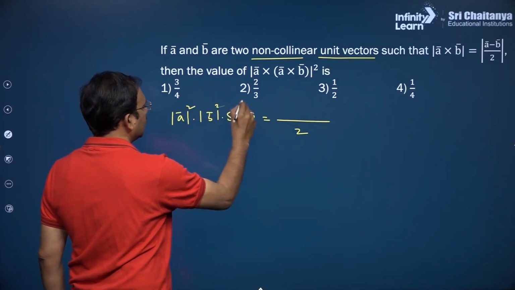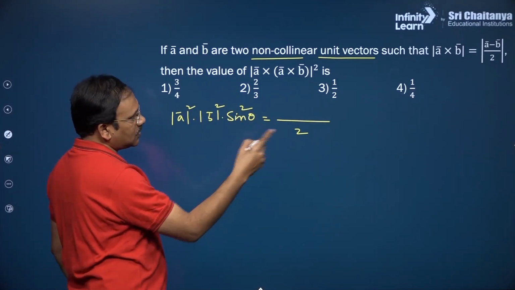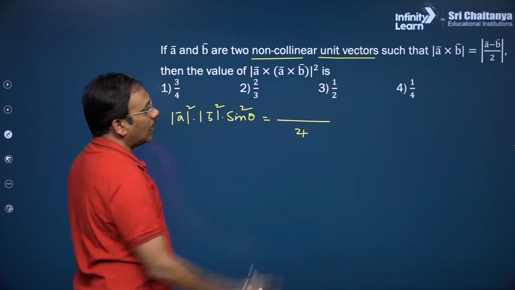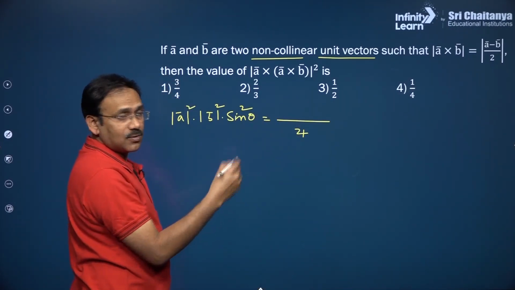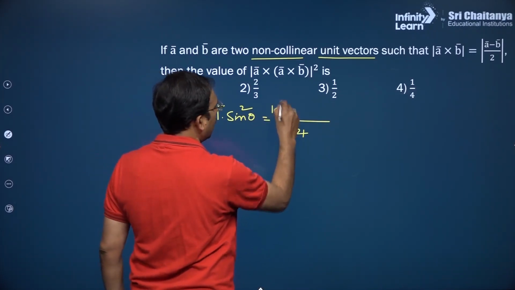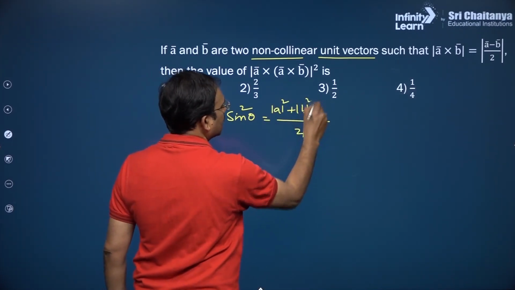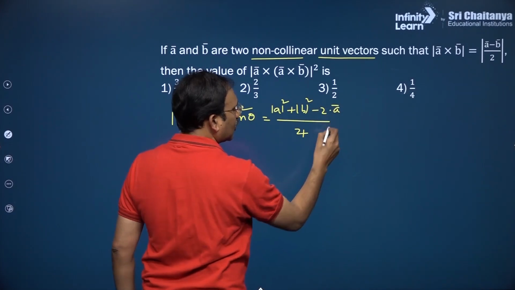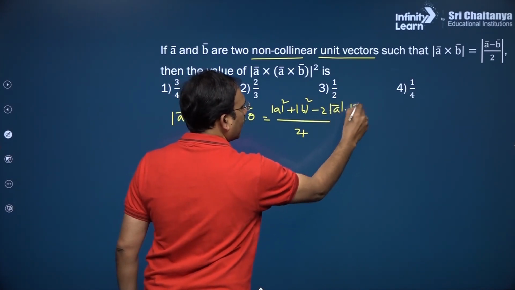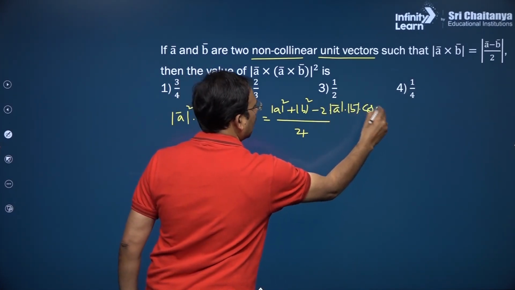Square on both sides, you will get sin square theta into 4, and magnitude of A minus B square means magnitude of A bar square plus magnitude of B bar square minus 2 A bar dot B bar, that is magnitude of A bar into magnitude of B bar into cos theta, my dear friends.